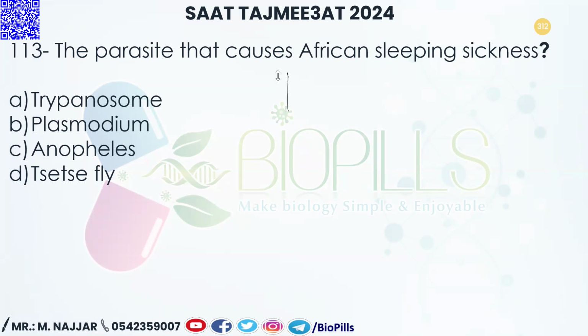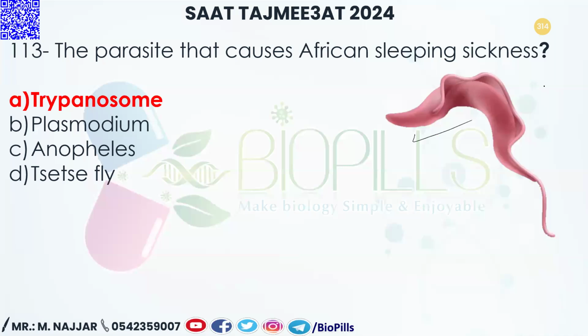So those that use D, this is the vector that is transmitting the parasite from an infected person to a healthy person, while the parasite itself is trypanosome. It's a protozoa. And this is the shape of it. And what is the way of locomotion?